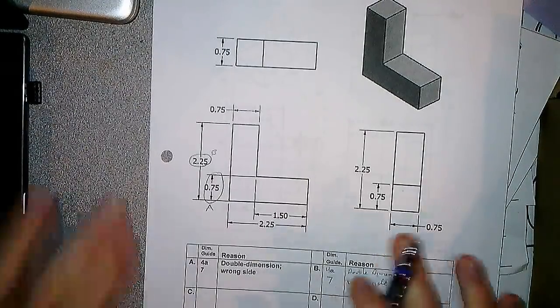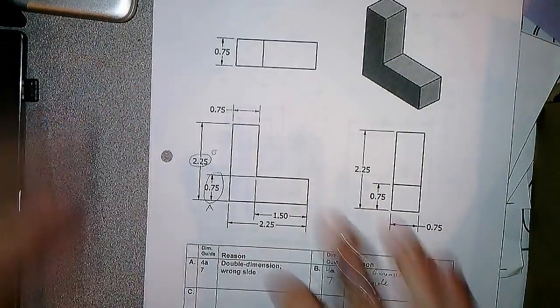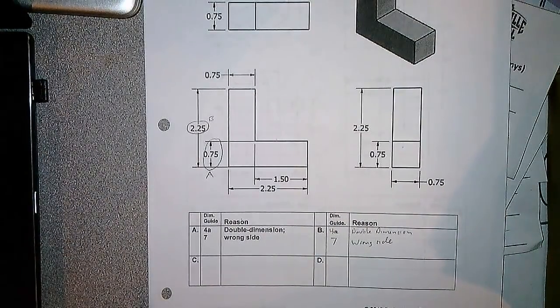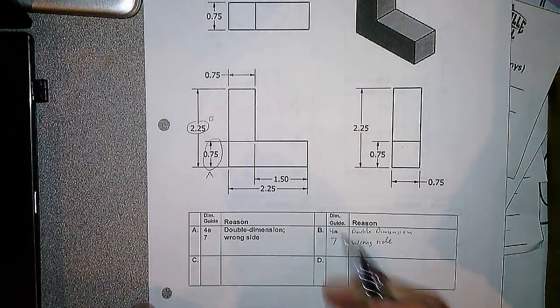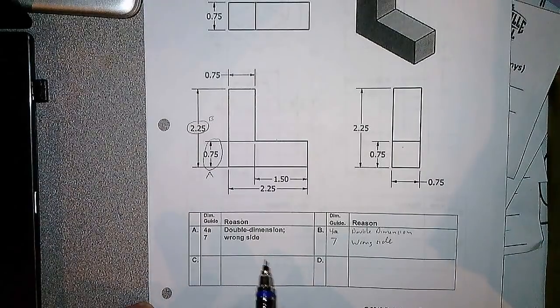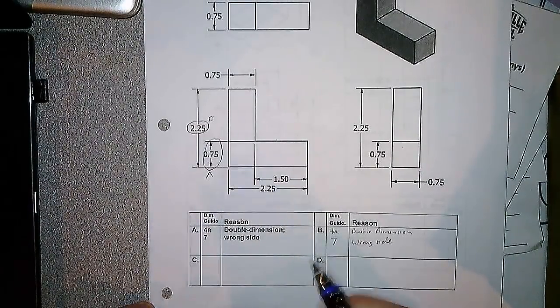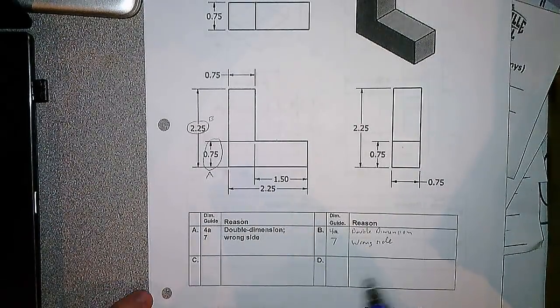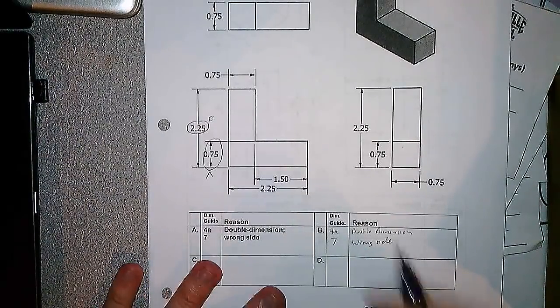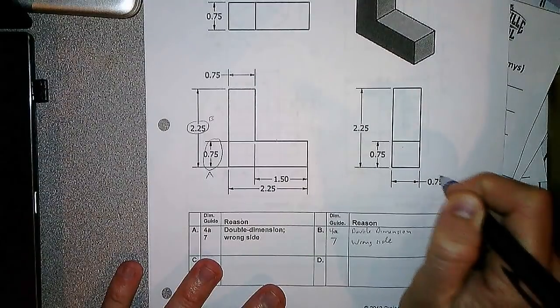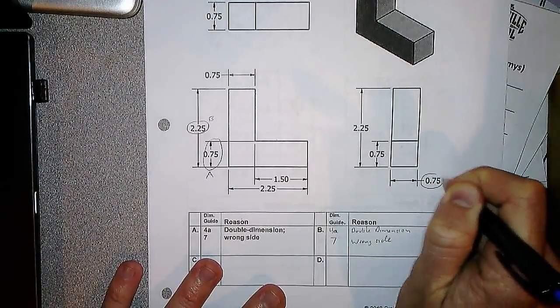Let's see if we can find some other dimensions that were wrong. All right. It looks like I've got another double dimension here, and that would be right here.